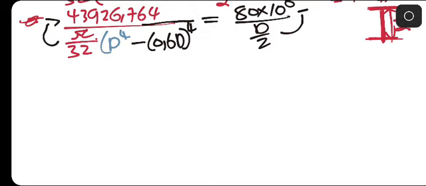Okay, just invert, that will be pi over 32.